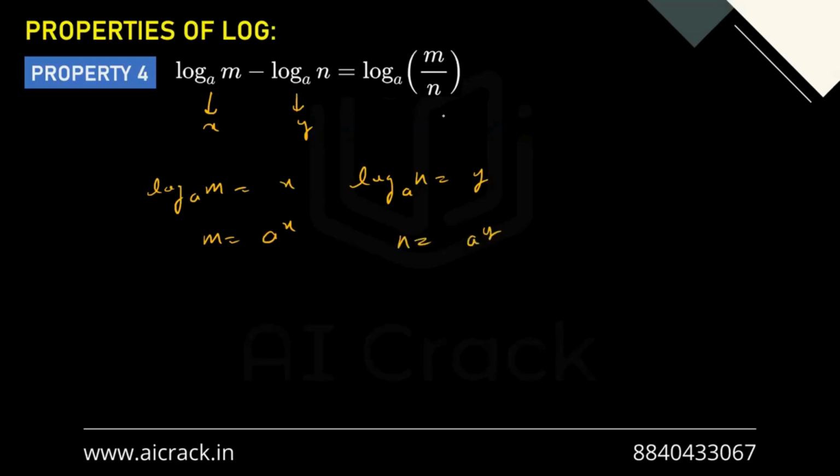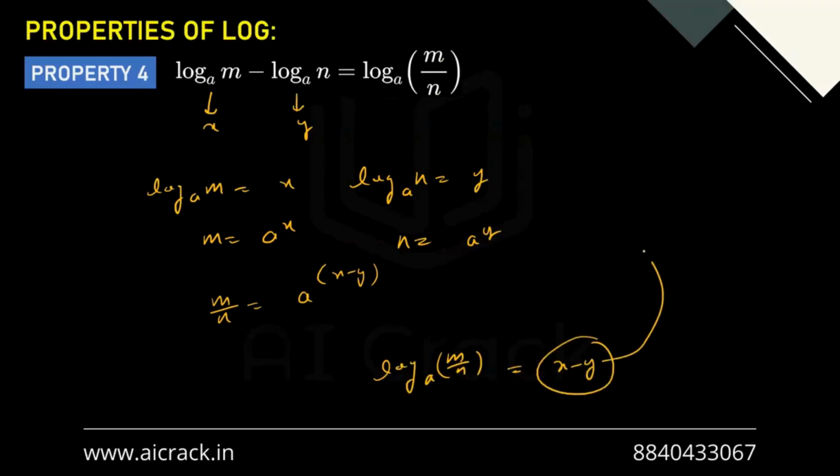Now if we divide both of them, because we have division over here, we get m by n equals a raised to the power x minus y. If we again write this in the log form, we get log base a of m by n equals x minus y. Now x minus y can be replaced from here. That is log base a m minus log base a n.